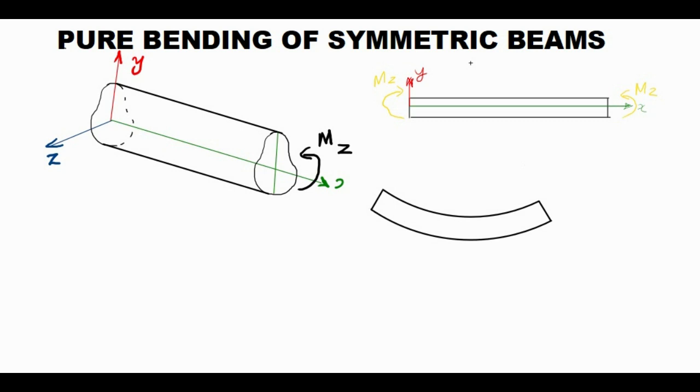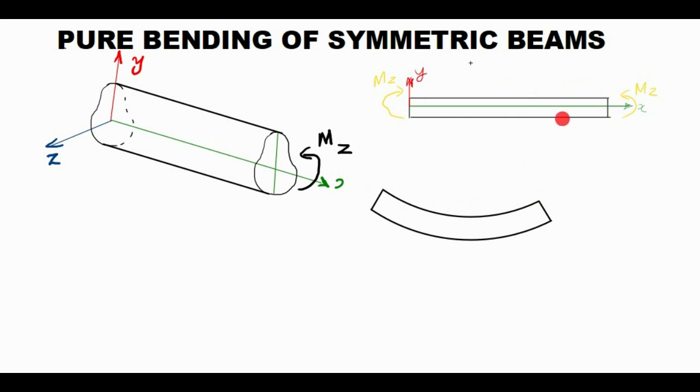Now we can see that the top portion of the beam has been compressed. The length of this will be shorter than this length. And what happened to the bottom portion?